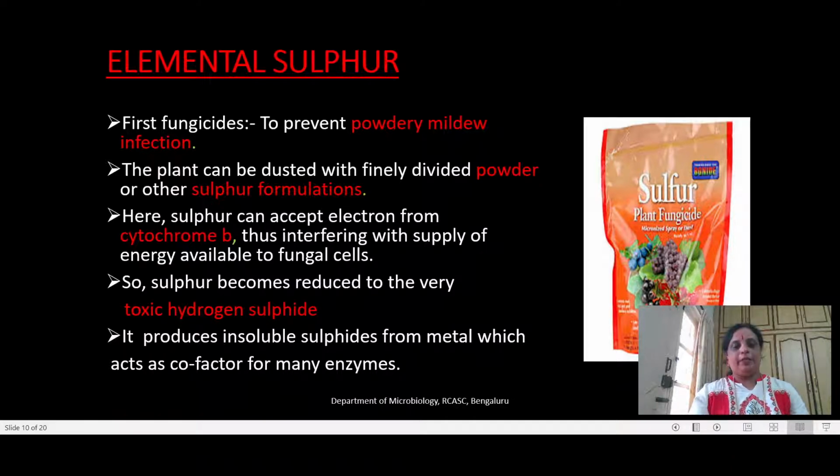It becomes reduced to hydrogen sulfide, and at the same time the energy supply to the fungal cell is interfered with, and it also produces insoluble sulfides. Hence they form a toxic substance inside the fungal cell, which results in the destruction of the fungus.